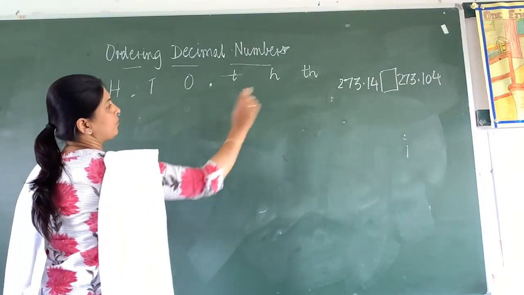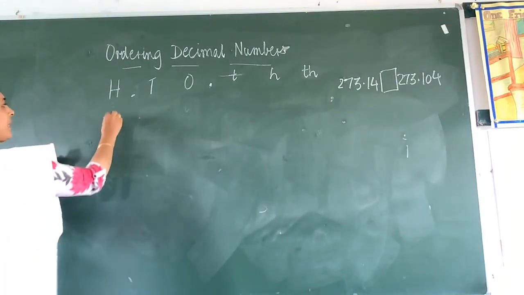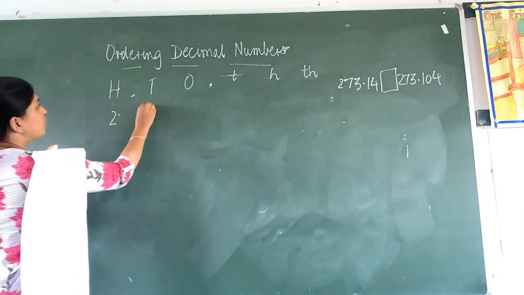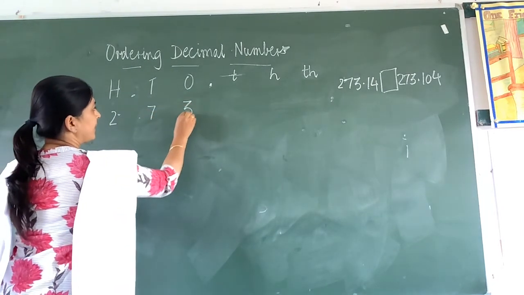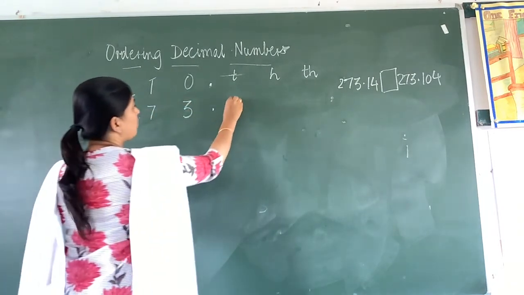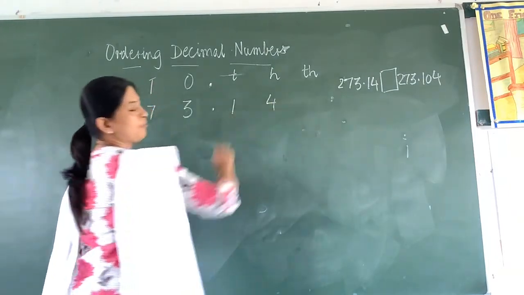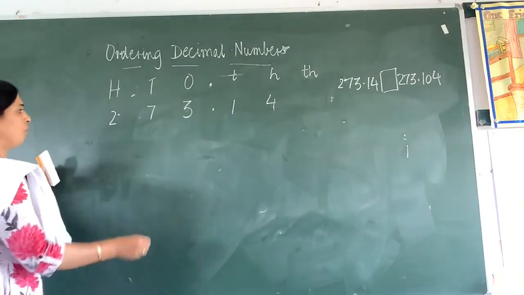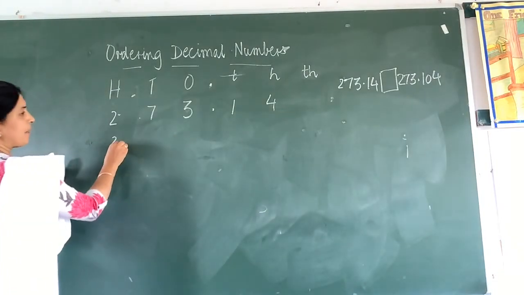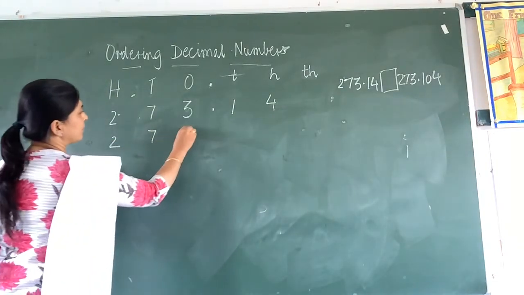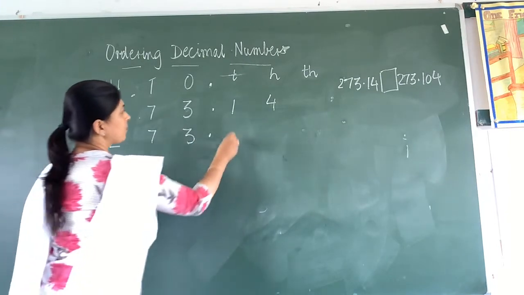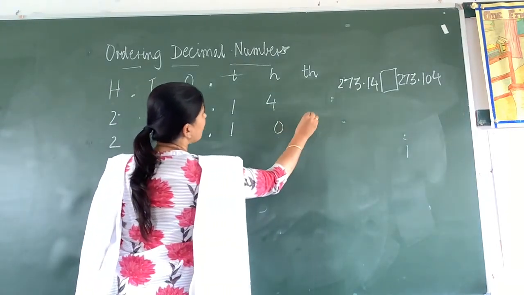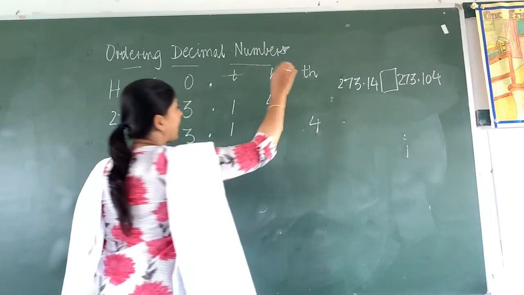Now, 273.14. We will start writing from hundreds place. Another decimal number is 273.104. So again we will start writing from hundreds place. 4 will come in thousands place.